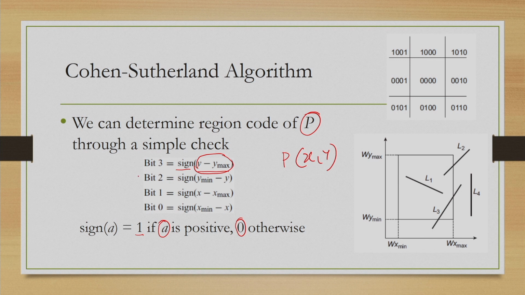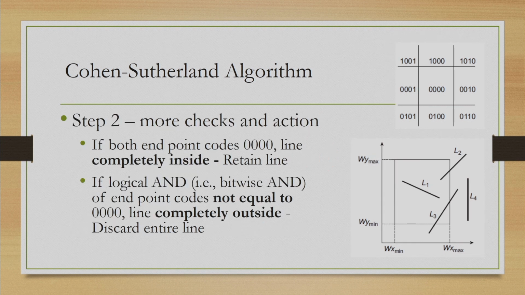We do that for each bit position. For bit 3 we check the difference between y and y max, for bit 2 the difference between y min and y, for bit 1 the difference between x and x max, and for bit 0 the difference between x min and x, take their sign, and then apply this rule to get the actual bit value.